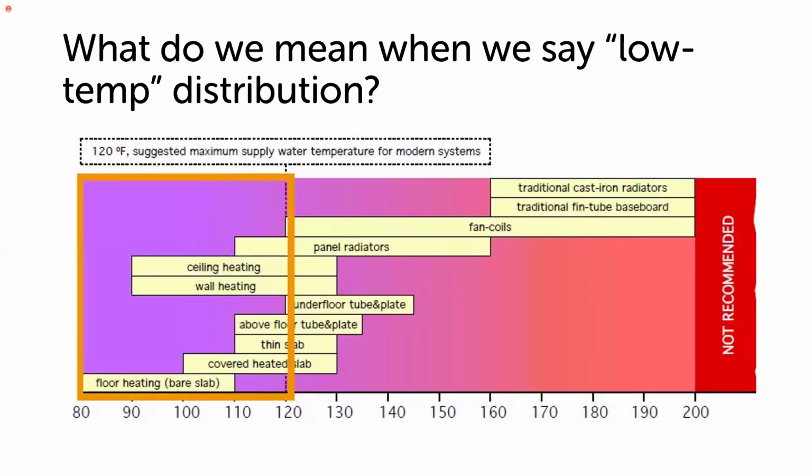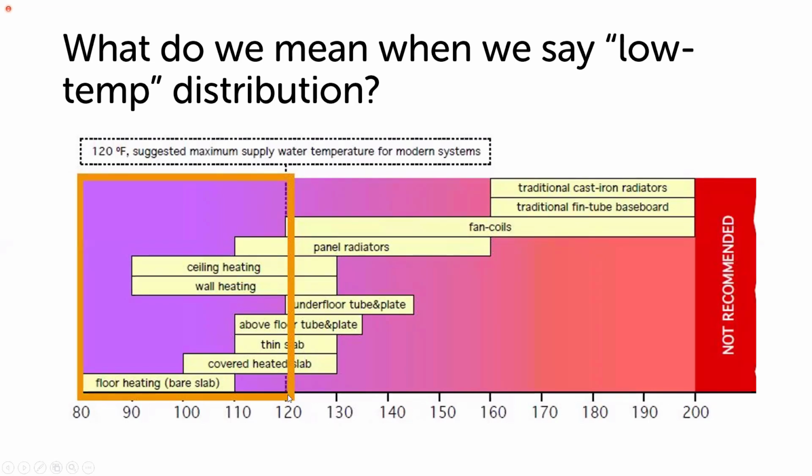So what are we saying when we mean low temperature distribution? This is a pretty good visual here that shows the distribution options for different equipment that'll work within a temperature range. Low temp distribution, we're really talking about a maximum of 120 degrees water delivered to the building. At the far end of the spectrum, fin tube baseboard, this is the temperature range we're talking about, 160 to 200 degrees delivered temperature.